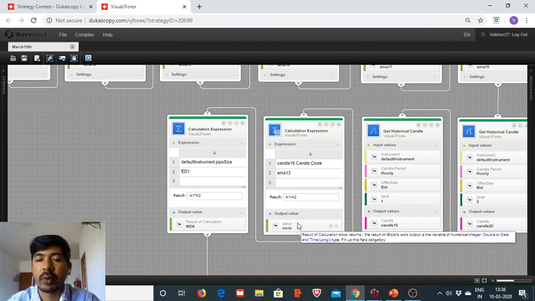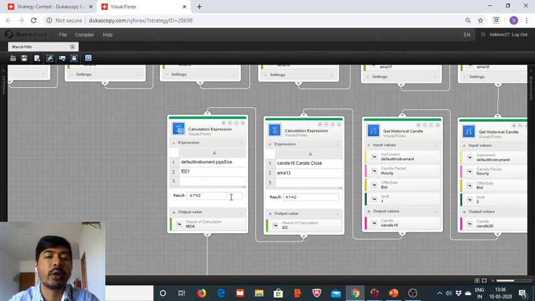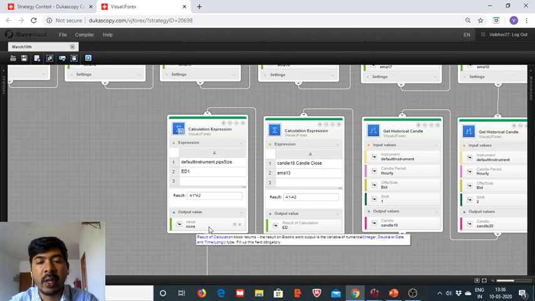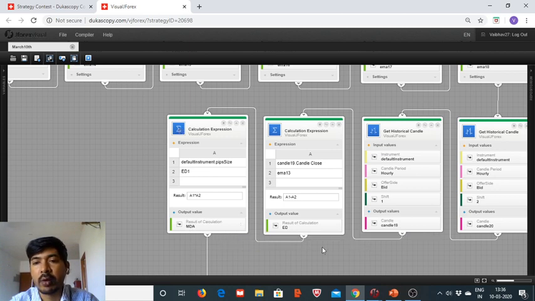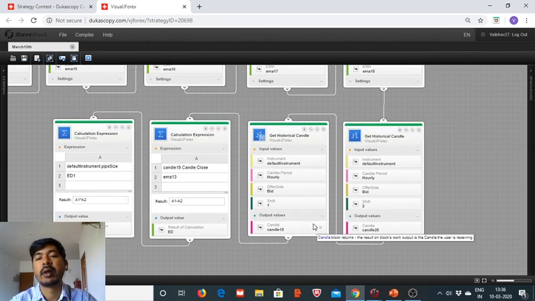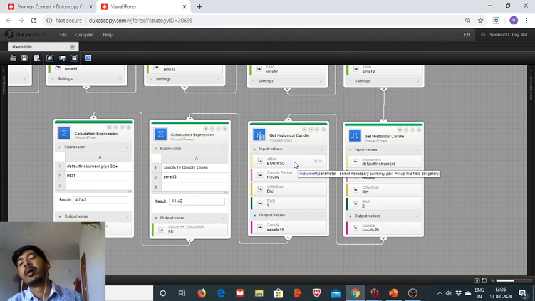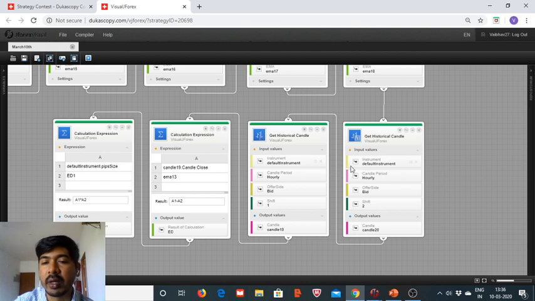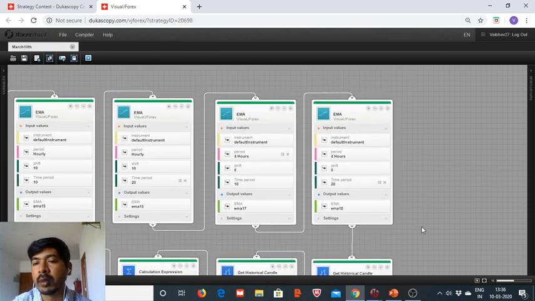We are going to take this answer and compare it to our minimum requirement, and if ED is less than MDA, then only the trading will go ahead as anticipated. And these are our historical candles to check if there was some correction, and after that correction the price should be rebounding with the help of support coming in around the EMA levels.